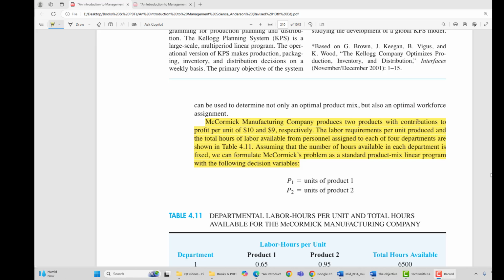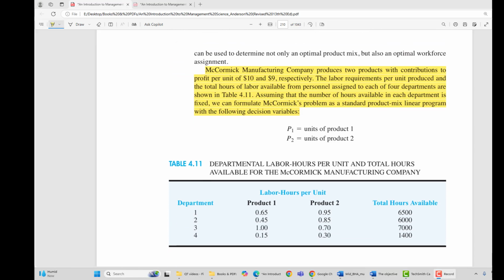Assuming that the number of hours available in each department is fixed, we can formulate McCormick's problem as a standard product mix linear program with the following decision variables. Let P1 be the units of product 1 in the optimum product mix.